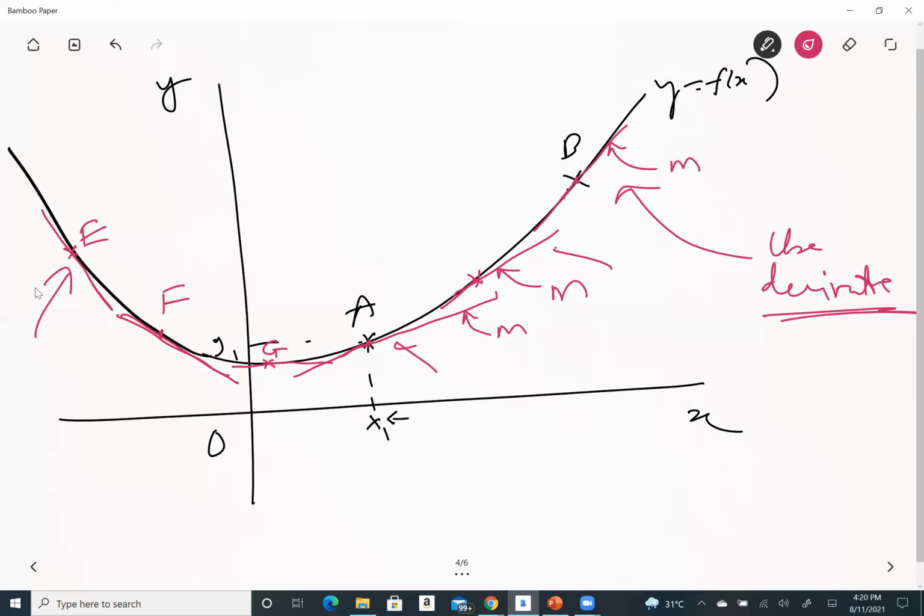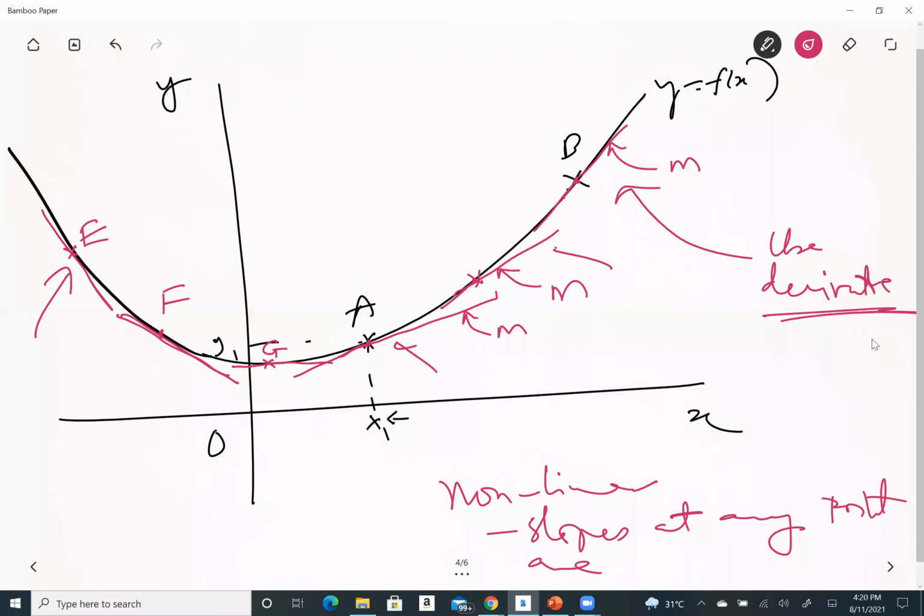Okay, so there are two things: positive, negative, and different steepness. Different steepness is maybe more general. Different steepness means that for a non-linear function, the slope at any point is different.